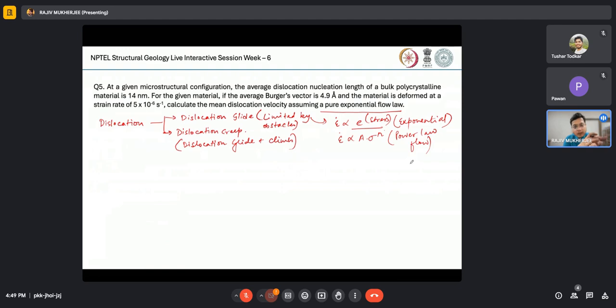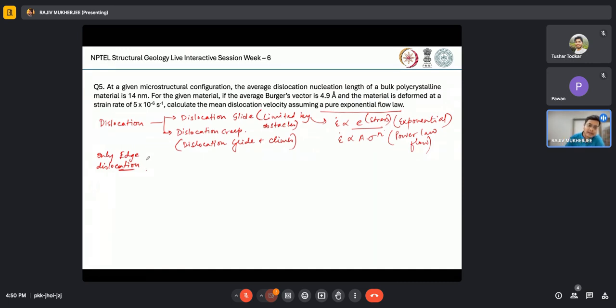No screw dislocation motion is involved, only edge dislocation. And for edge dislocation, if there is a glide happening, that means the dislocations are slipping along a particular slip system. That means to calculate the dislocation velocity, you should apply Orowan's formula.